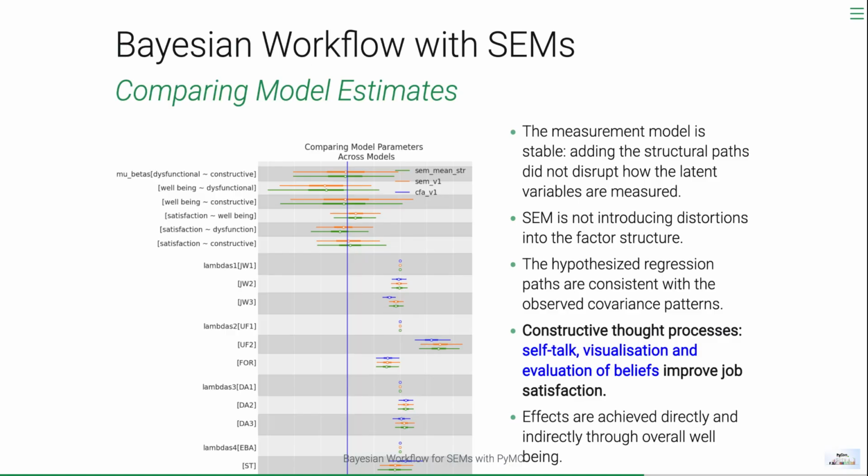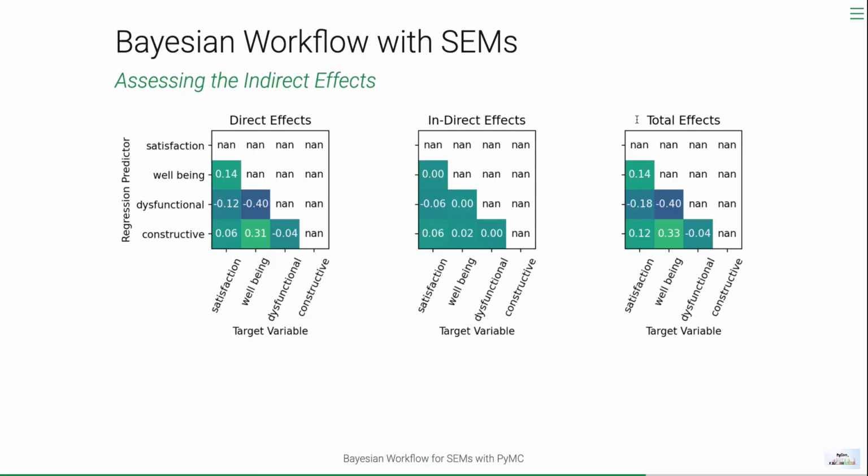Because it's a structural equation model, you can look at these effects individually, on the one-to-one relationship, but you can also look at the indirect and direct effects. So this is a view of the total effect of constructive thought processes as mediated through the three latent factors. The direct effects would just be your beta coefficient in a regression. So constructive thought processes have a 0.06 positive effect on satisfaction.